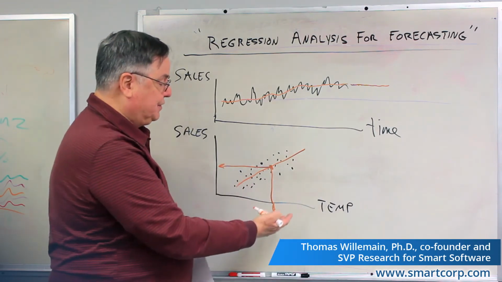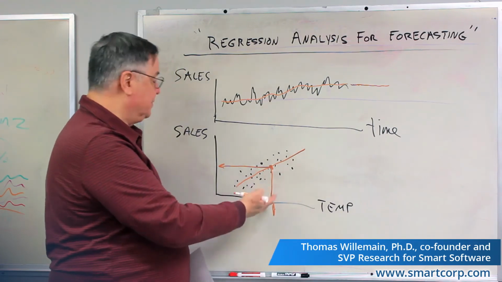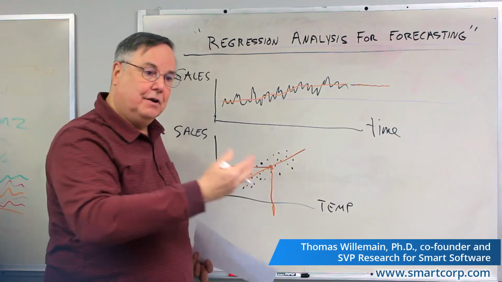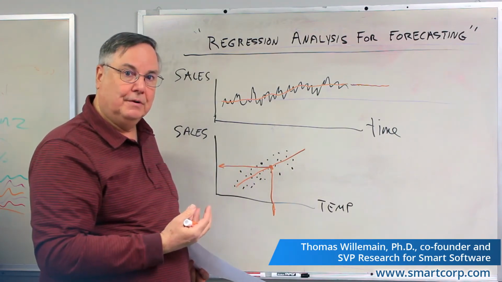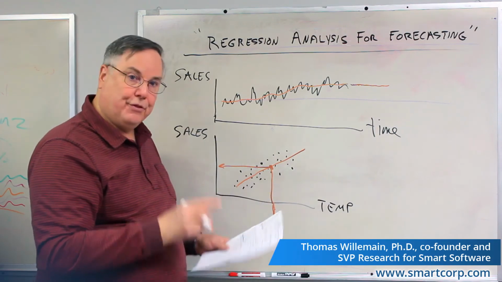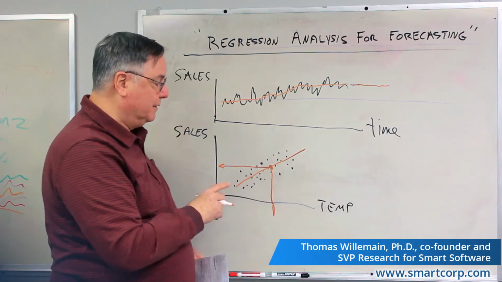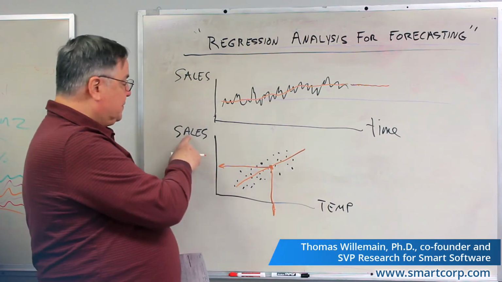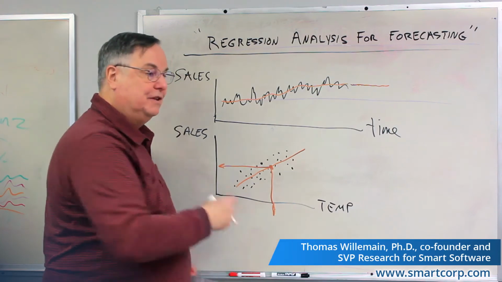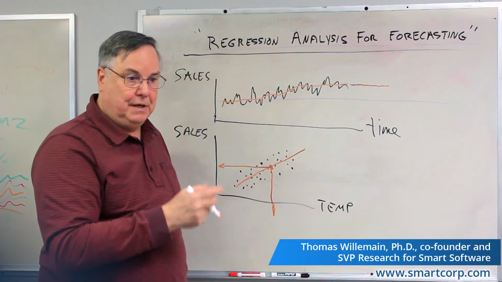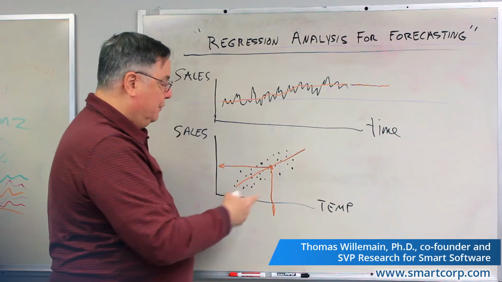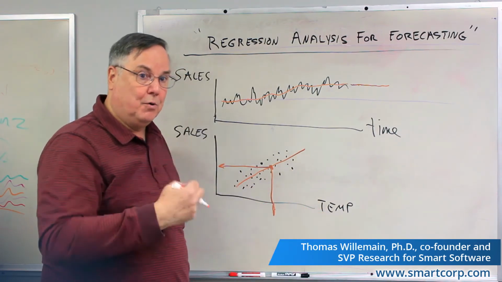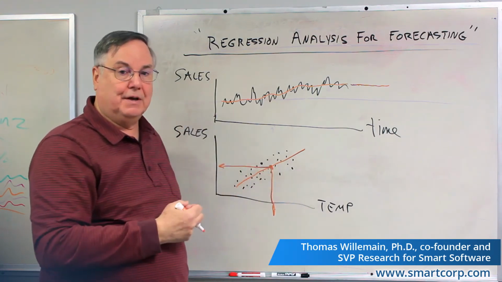In this case, for instance, we believe that the temperature changes have a direct influence on the sales. They cause changes in the sales. And then there's a third, which is a variant of that, where this variable, the one we're predicting from, is not the same as this one, but it is a leading indicator, meaning that the values of this other variable in the past, not forecasted but already known, can be used to forecast sales.